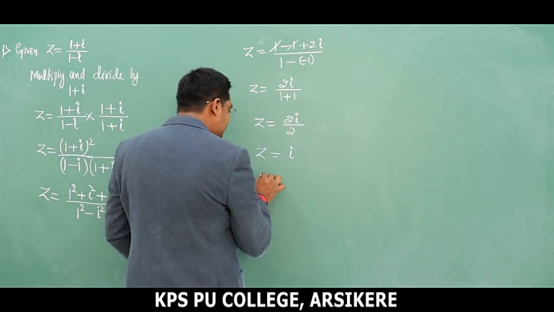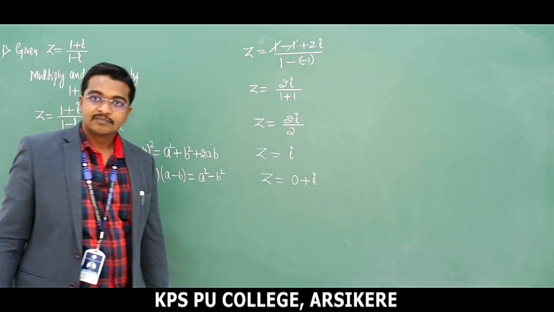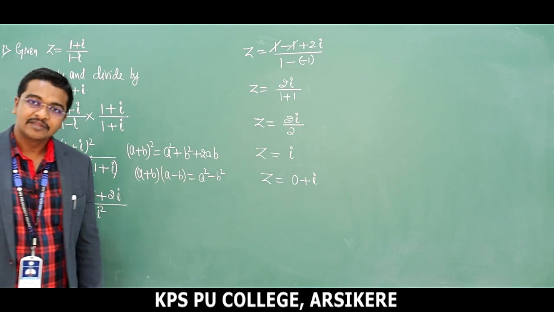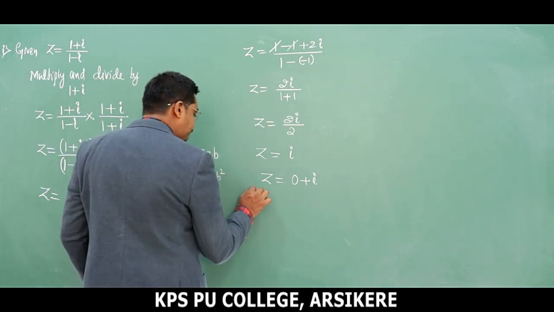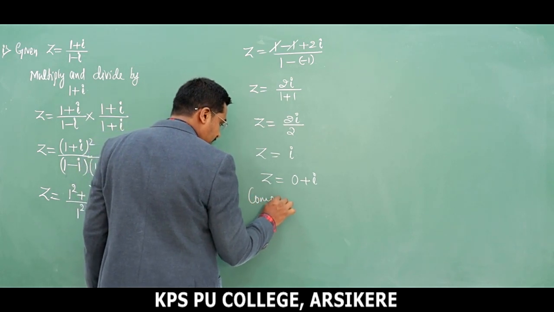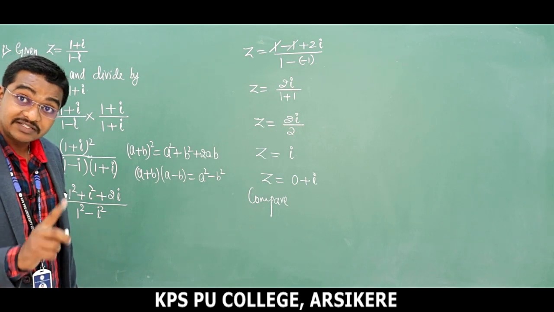So I will rewrite this as z is equal to 0 plus i. 0 plus i is again i. So compare. Here we need to find the values of x and y. We need to find modulus.